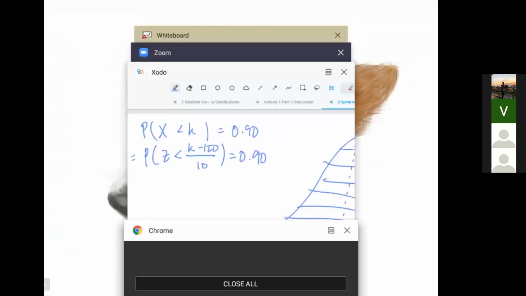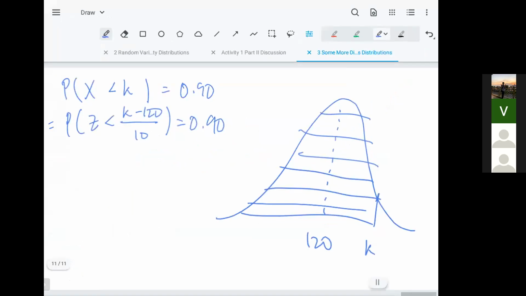So next, alam na natin yung z-score. E di ba ito yung z-score, yung k minus 120 over 10. So k minus 120 all over 10 is equal to positive 1.28.